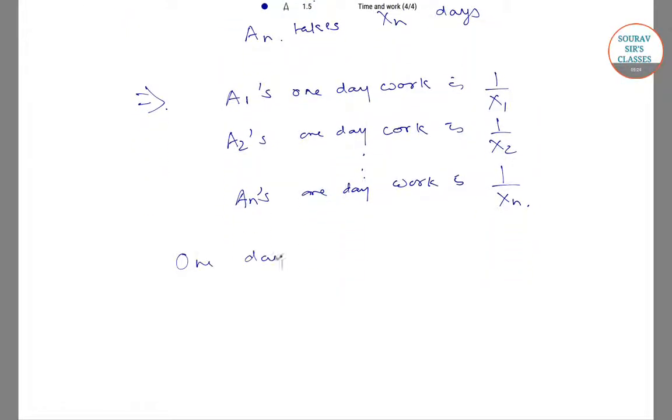So the 1 day work of A1, A2 so on till AN altogether is 1 by X1 plus 1 by X2 plus so on till 1 by XN.